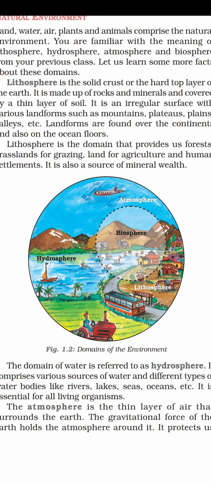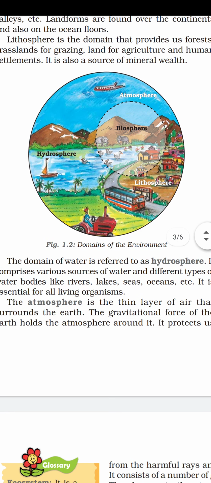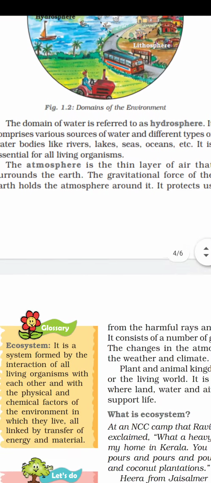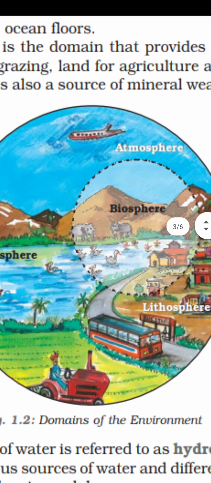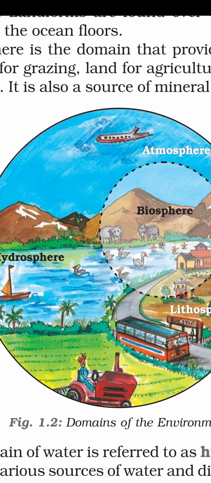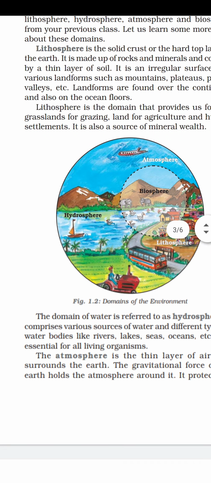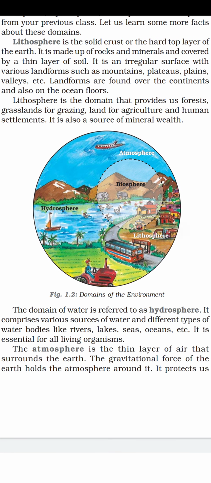Okay. Now let's see the hydrosphere. Here you can see the picture of the hydrosphere, atmosphere, lithosphere, and altogether the biosphere. Now see the domain of water. The domain of water is referred to as hydrosphere.